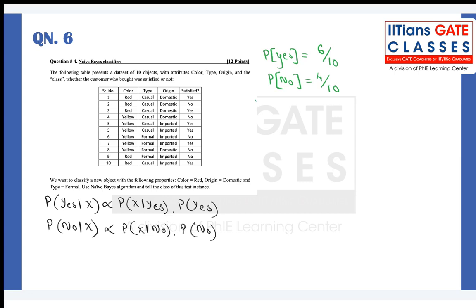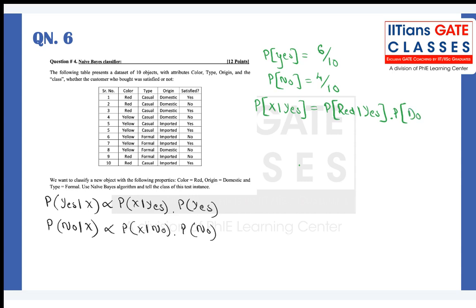P of x given yes will be nothing but you take the product of P of x1. So x1 is red given yes, multiplied by P of domestic.